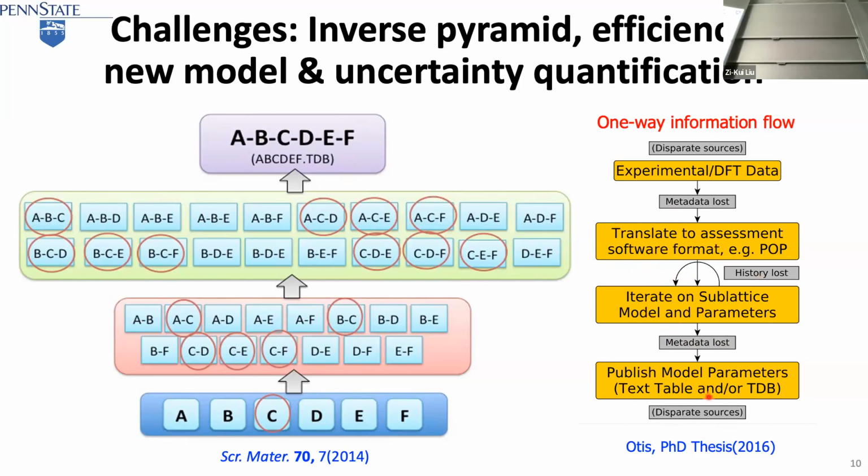So the problem is that after you get the database, you keep the file and use it, but then all the information that I have collected is disregarded. There's no way to find it except on that student's PC. So information and metadata are lost. You cannot revise it easily. That's the first problem. The second problem is that you need to not only store the data, but also need software to process the data again, right?